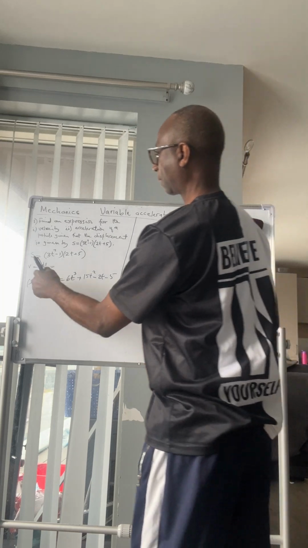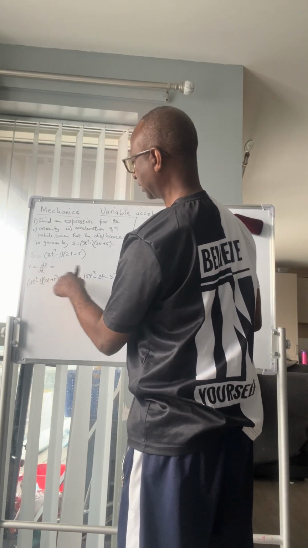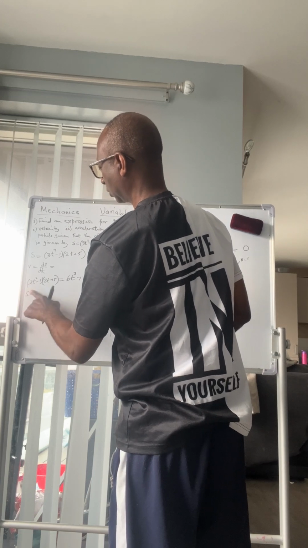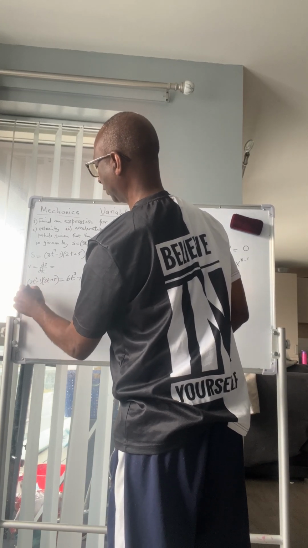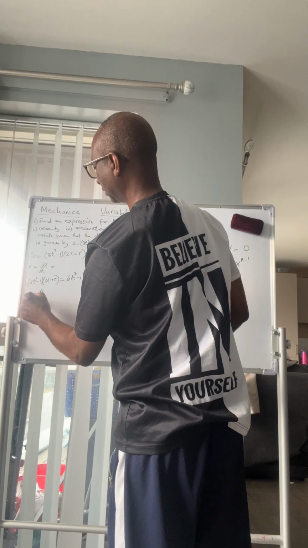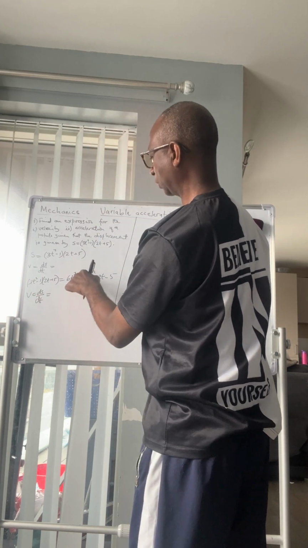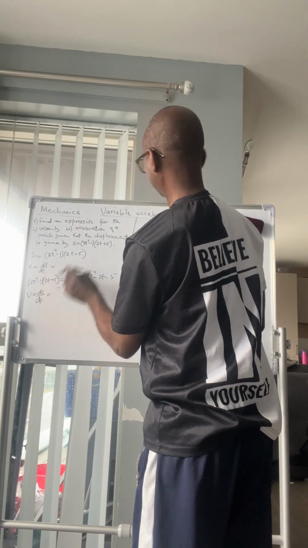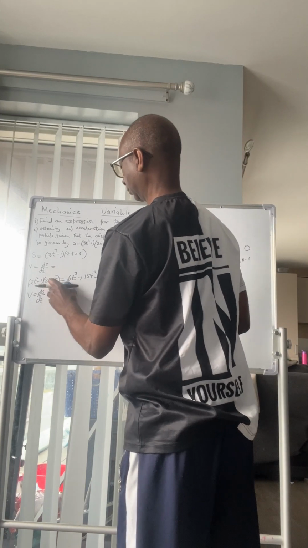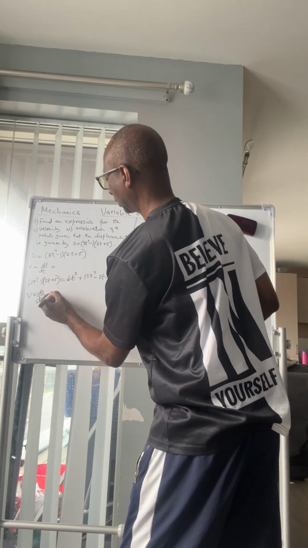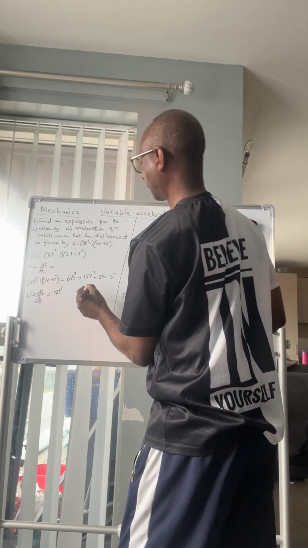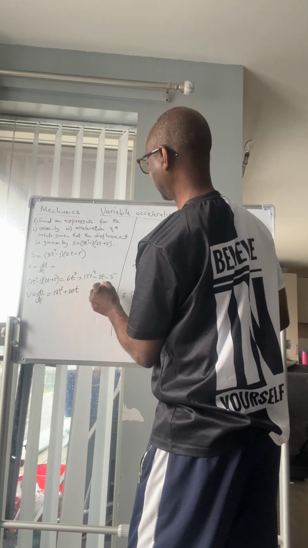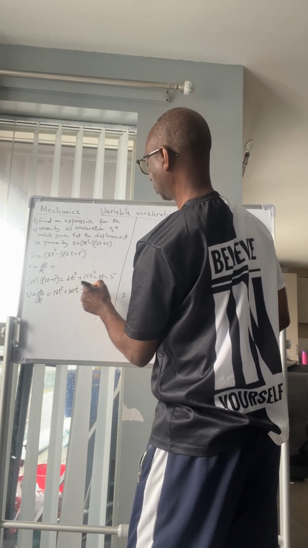So if you now differentiate the displacement, S, you want the velocity V, which is ds/dt. You will get 18t squared plus 30t minus 2.